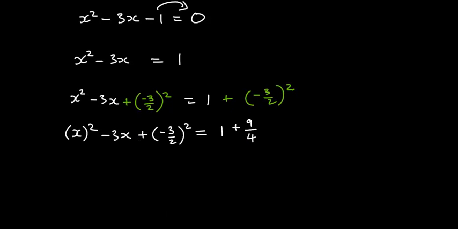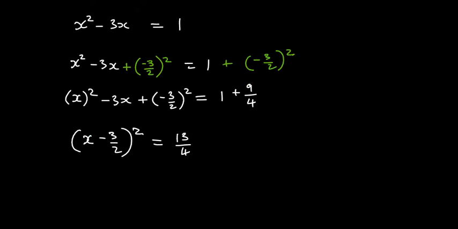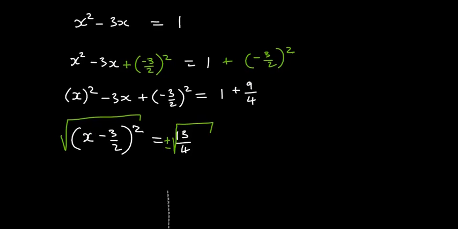Then I'm going to take what's in the bracket, put it together, x minus 3 over 2, all of that put together and squared equals 1 plus 9 over 4, which obviously is going to be 13 over 4. Now I can take square root both sides. Then I can say plus minus square root both sides.